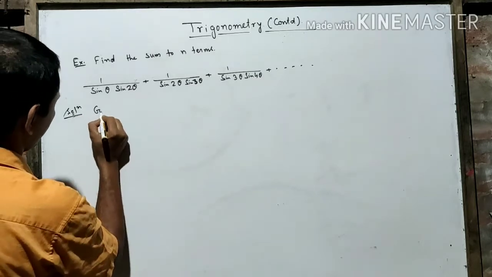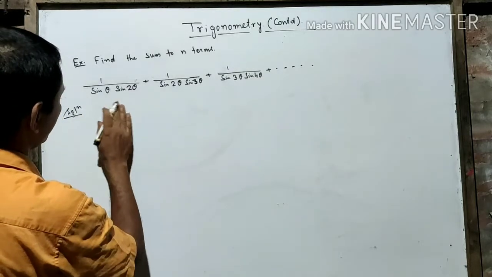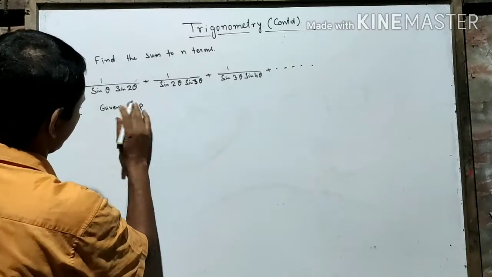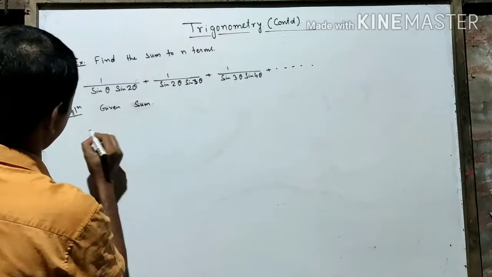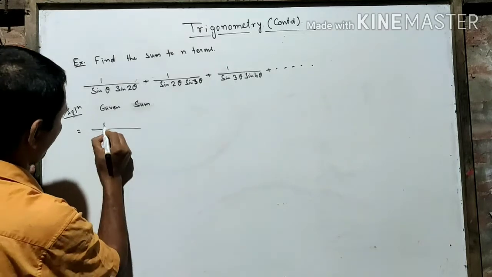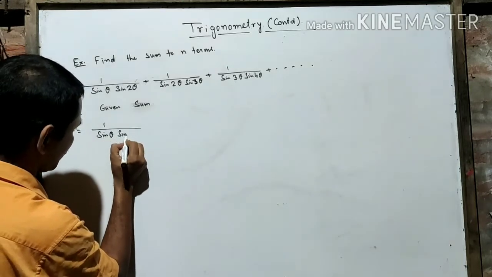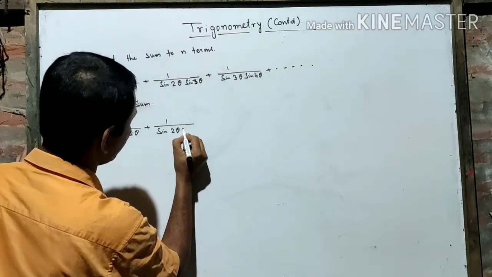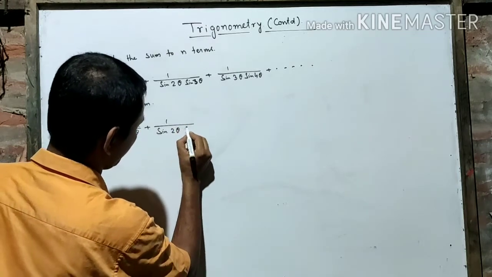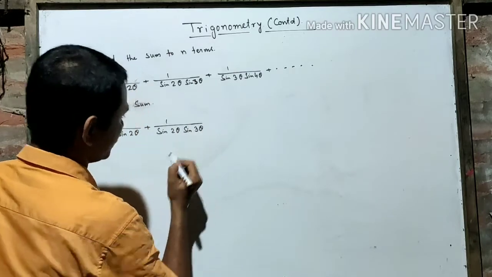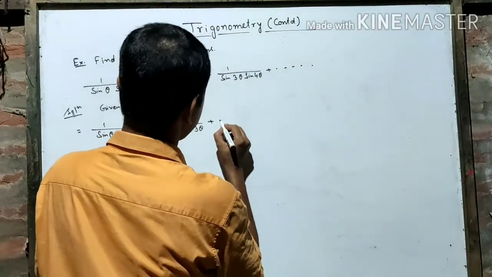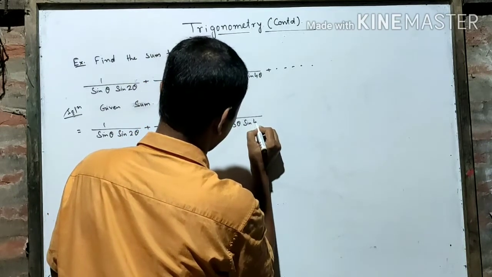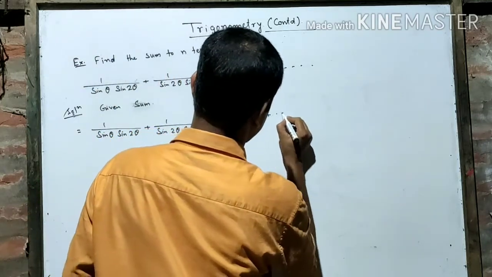Given sum is equal to 1 by sin theta into sin 2 theta plus 1 by sin 2 theta into sin 3 theta plus 1 by sin 3 theta into sin 4 theta plus and so on.